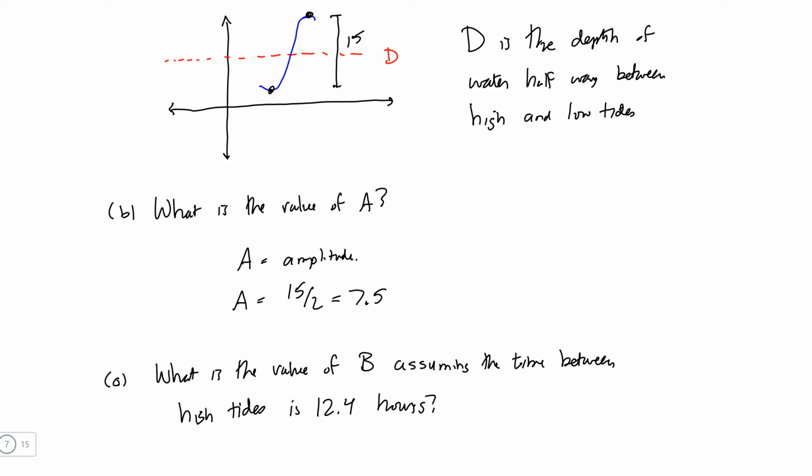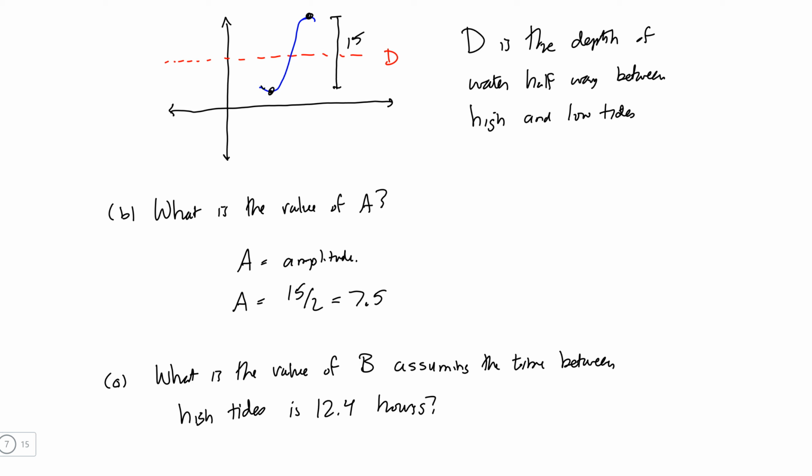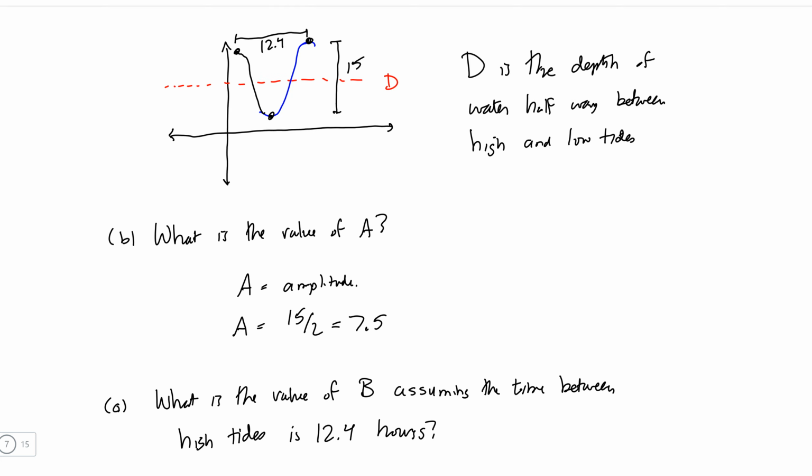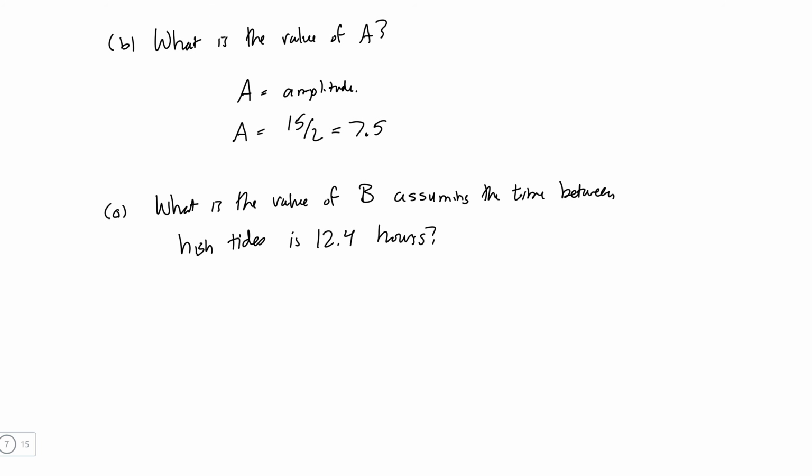If we're talking about the time between the high tides, something like this, that's this distance here. If this is 12.4, then my period is 12.4 hours. So my period is 12.4, and I know that's 2 pi over b. So we solve this for b, and b is equal to 2 pi over 12.4.